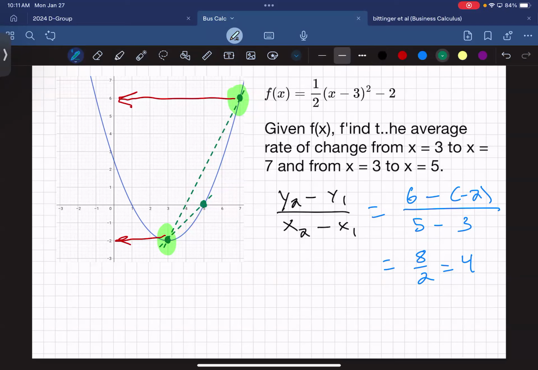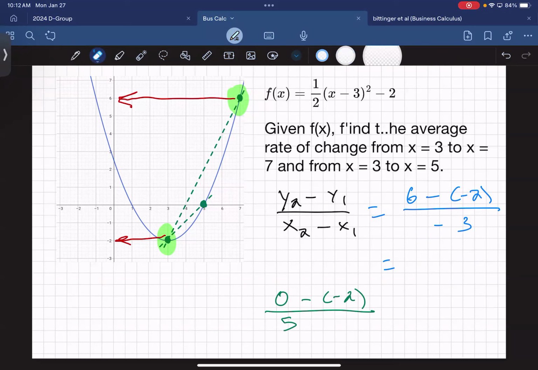Let's find out, right? So this one here, we should have 0 minus the -2 all over the 5. Uh-oh, y'all. I messed up. I'm sorry. This first one should have been 7 minus 3, y'all.